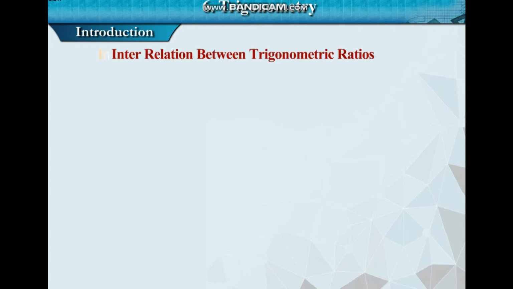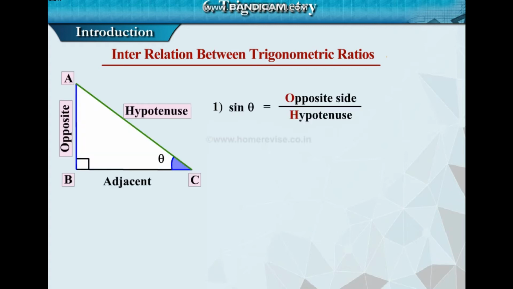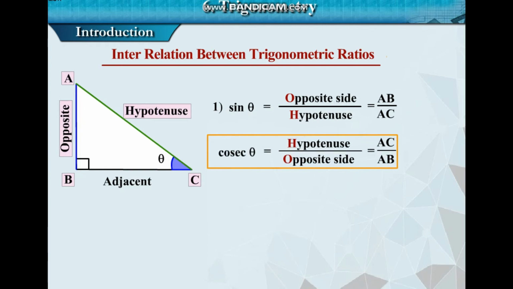Let's see the interrelation between trigonometric ratios. 1. In triangle ABC, sin theta is equal to opposite side upon hypotenuse, which is equal to AB upon AC. Cosec theta is equal to hypotenuse upon opposite side, which is equal to AC upon AB.